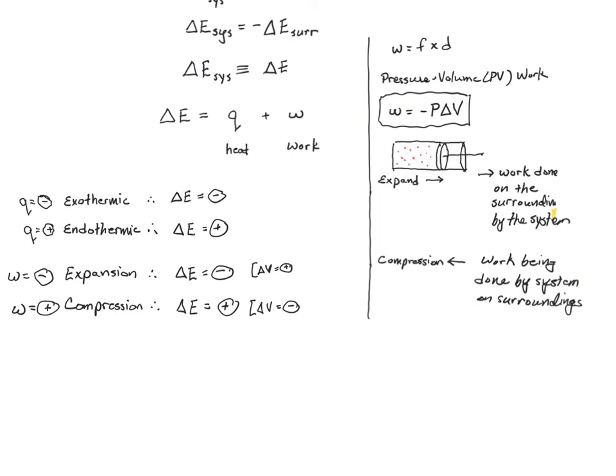If we think about the total energy of a system, if we have a reaction that is exothermic and is undergoing expansion, that's a negative value plus a negative value.